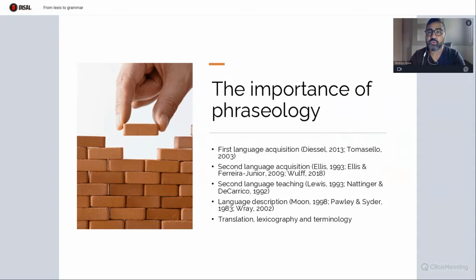So those who are concerned with describing how English as such is structured should also worry about the phraseological level of analysis, right? And phraseology is also a relevant level for other sister areas such as translation, lexicography, and terminology too. Okay.